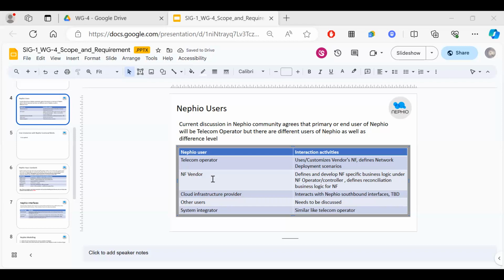You have a service provider, a network function or application vendor, a cloud operator, a cloud infrastructure provider, but I don't have a thing called a system integrator. A system integrator may very well operate a cloud for me, but I don't know what else a system integrator would do, right? So it ties things together, but it does it in a certain role, right?